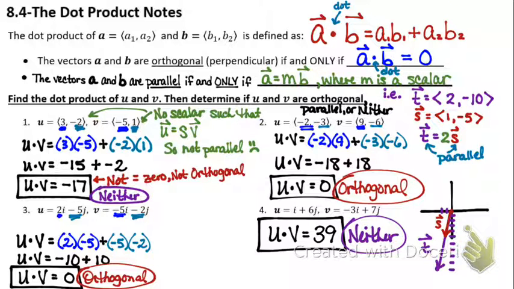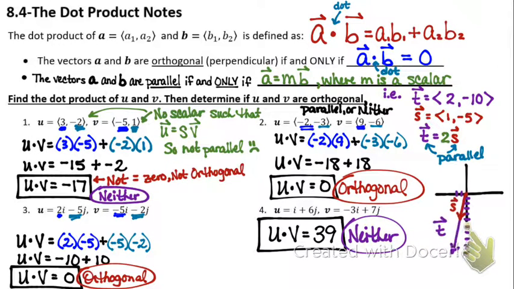When you have component form, when you have ij form, they're telling you where that terminal point is. They're telling you the x and the y part of the terminal point. So you could sketch it out like I did over here when we were talking about parallel. If they're going in the same direction, if they have the same slope, then they would be parallel to each other.